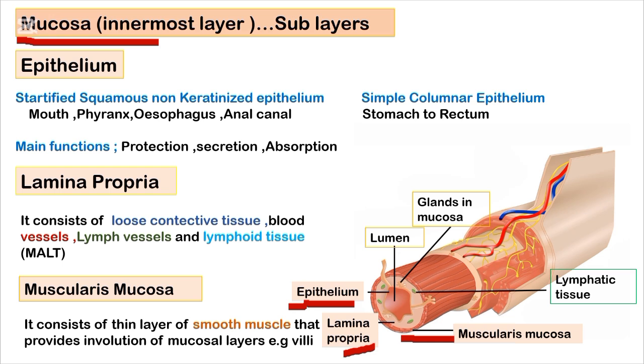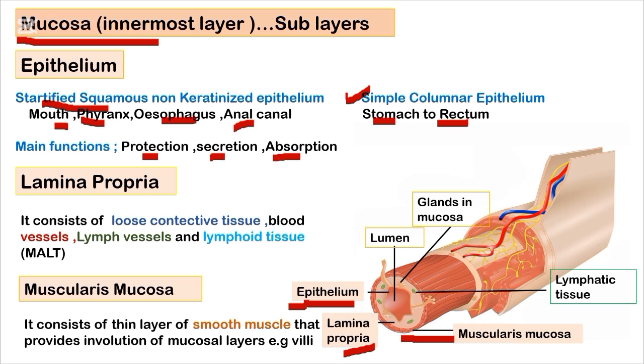It varies according to region, as it is stratified squamous non-keratinized epithelium in the mouth, pharynx, esophagus and anal canal. But it is simple columnar epithelium in the stomach, small intestine, large intestine and rectum. The functions of epithelium in digestion are protection, secretion and absorption.